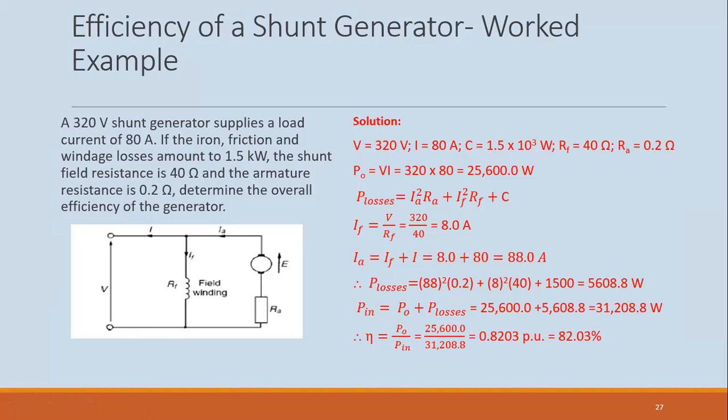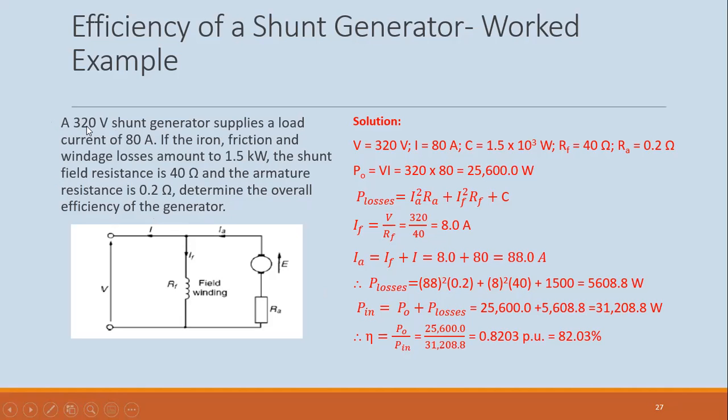The question says a 320 volt shunt generator supplies a load current of 80 amps. If the iron, friction and windage losses amount to 1.5 kilowatt, the shunt field resistance is 40 ohm, and the armature resistance is 0.2 ohm. Determine the overall efficiency of the generator.